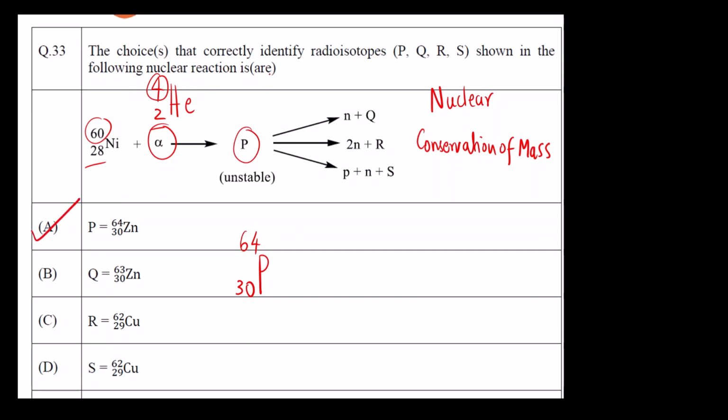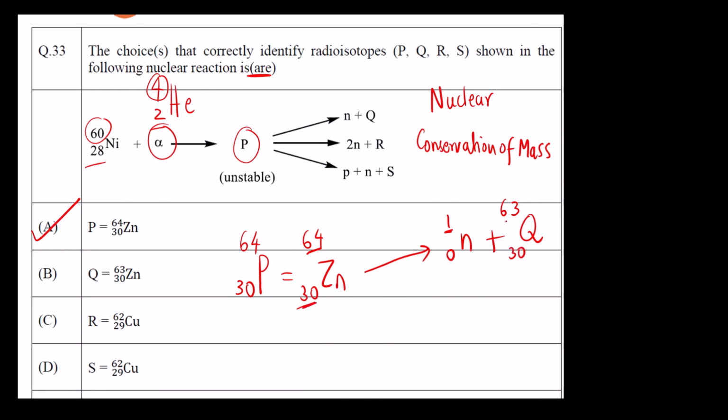So P is this. It is an MSQ, that means more than one option can be correct. So the P option is correct. P is Zn 64, 30. Now next is the neutron, 1 0, plus Q. What will be the mass of Q? 64 will be 1 plus 63, and 30 will be 0 plus 30.